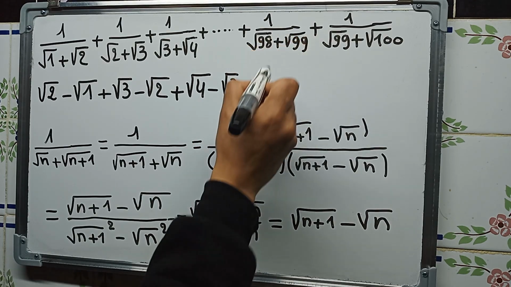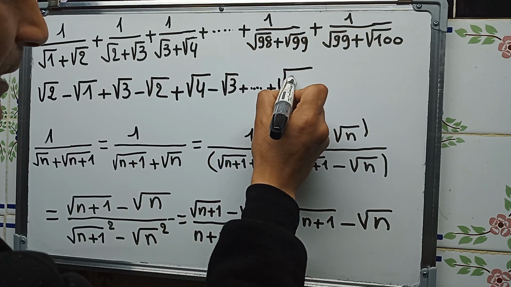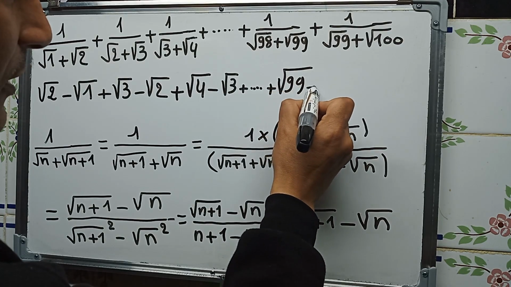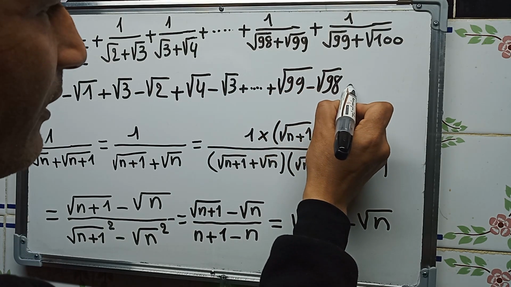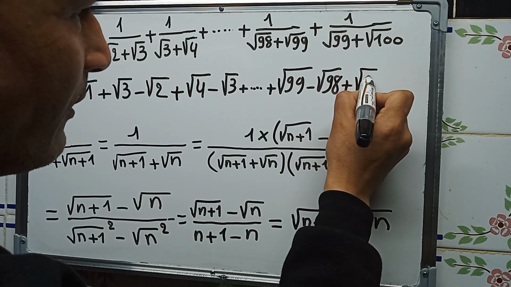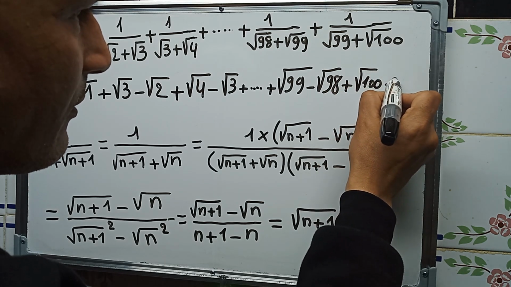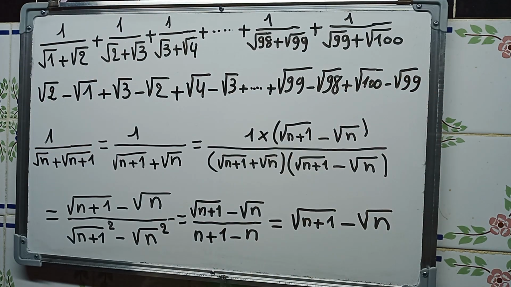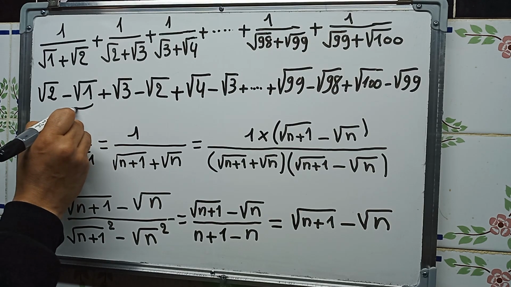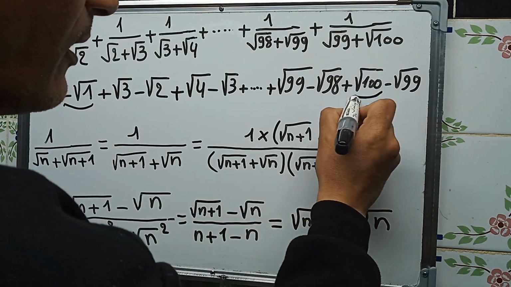And of course here square root of 99 minus square root of 98. And finally square root of 100 minus square root of 99. And here you see the same. All the terms will cancel except this one and this one.